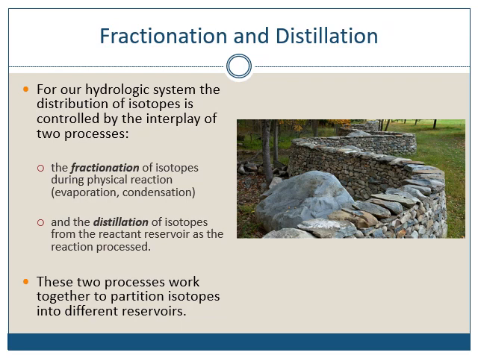We're going to see an example of this later if we think about distilling water from a pond in our landscape, for example. So we'll put some strong examples to this terminology that you're learning about. These are the two processes that work together to partition isotopes into different reservoirs that then will influence the isotopic signatures of water.